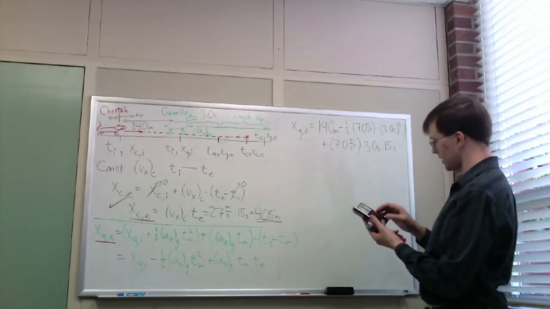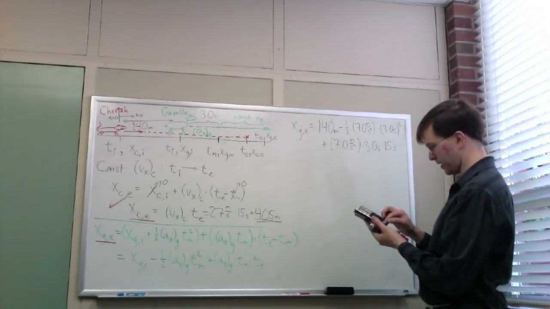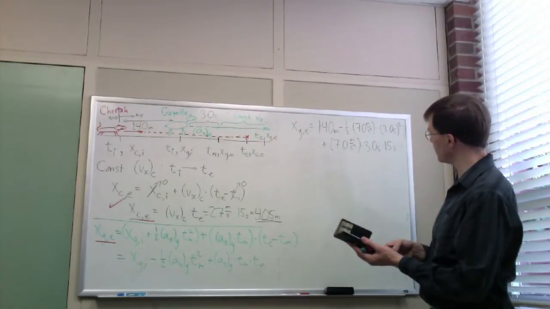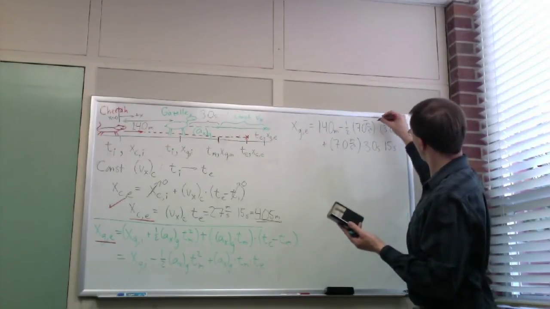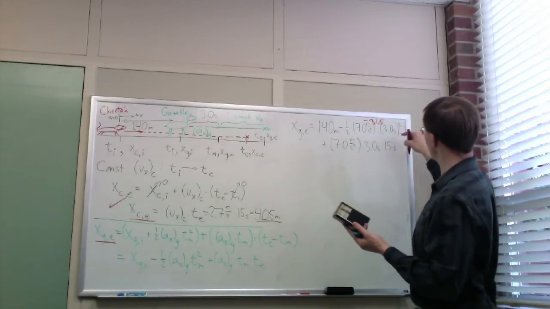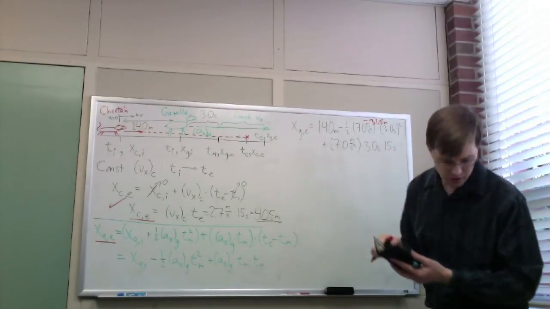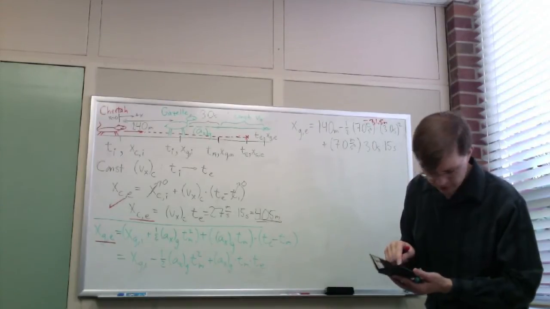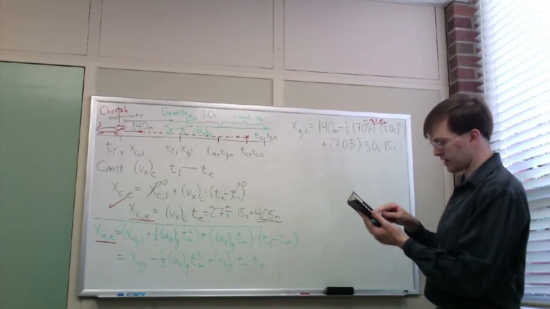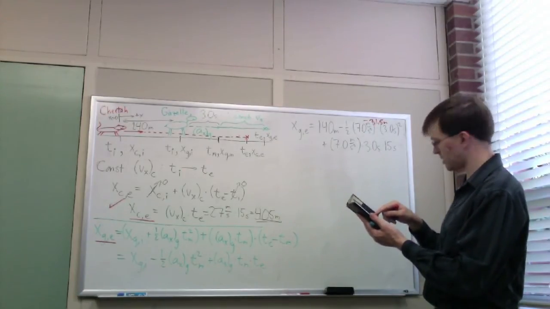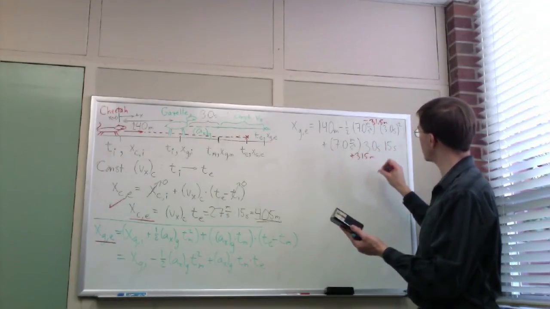140 meters, and this second term, 9 times 7 times 0.5, ends up being minus 31.5. The units are meters per second squared times seconds squared, which is meters. So minus 31.5. And then down here, I've got 7 times 3 times 15, which is plus 315 meters.